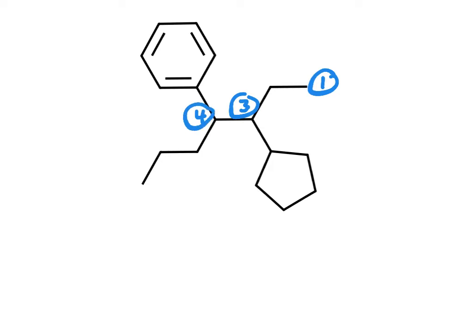And then 5, 6, 7, I have 7 total carbons in the parent chain. And at 3, my branch is a cyclopentyl group, cyclopentyl. And 4 here, this is one of those common complicated branches that the notes mentioned.